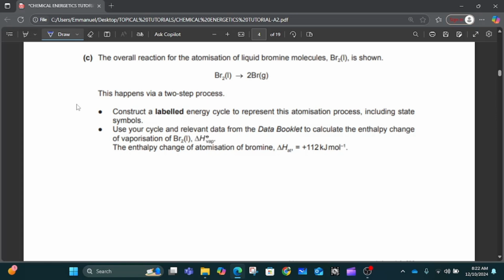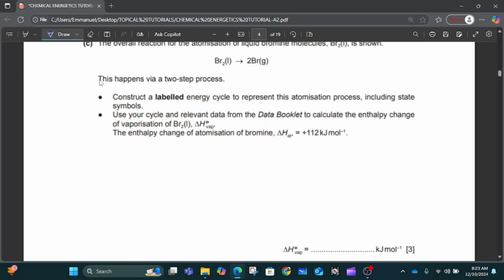The enthalpy change of atomization of bromine is plus 112 kilojoules per mole. So the first equation to write is the equation given in the question, Br2 liquid to 2Br gas. Now we are supposed to calculate the enthalpy change of vaporization.